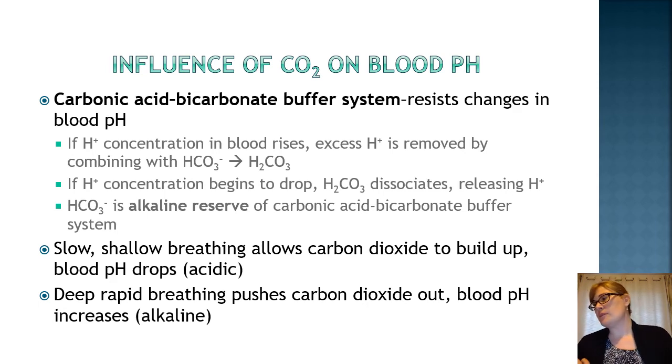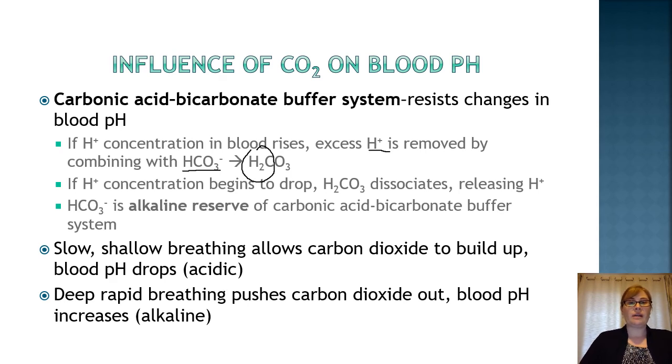So what that means is we're taking bicarbonate and it's being converted to carbonic acid. So this excess hydrogen is combined with this HCO3, and so now we have H2 over here. And when it's part of a molecule, it's not going to affect the pH.